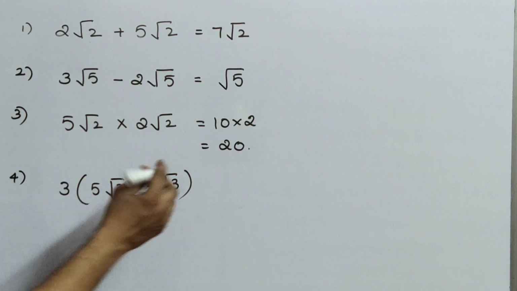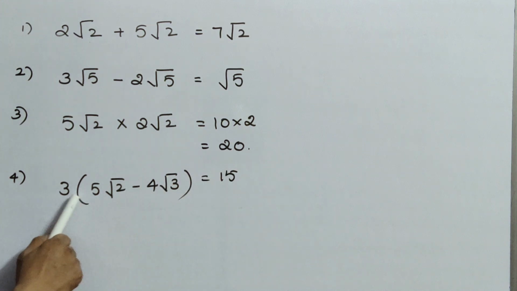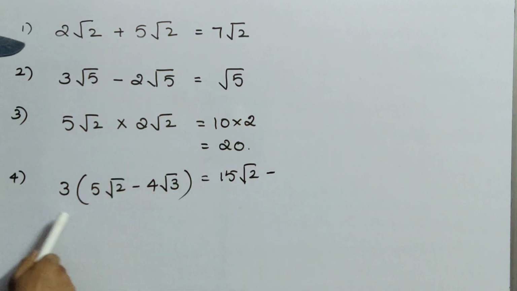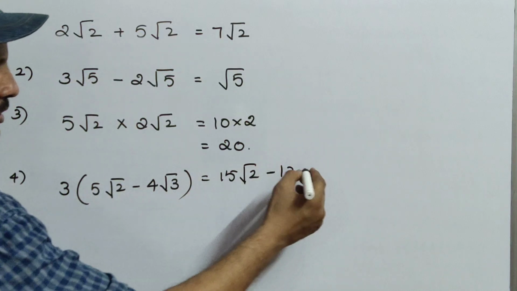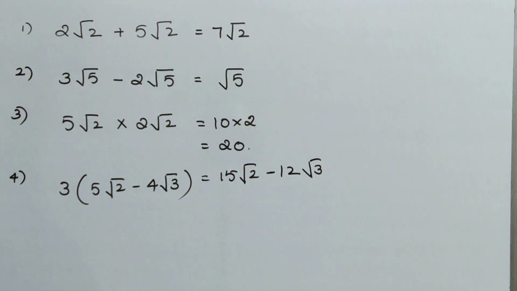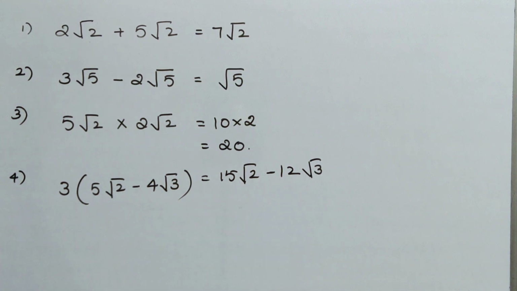So 3 5s are 15, 15 root 2, minus 3 4s are 12 root 3. Now can you simplify this? No. Why? Because this is root 2 and this is root 3. They are not like terms. So you cannot do addition or subtraction.